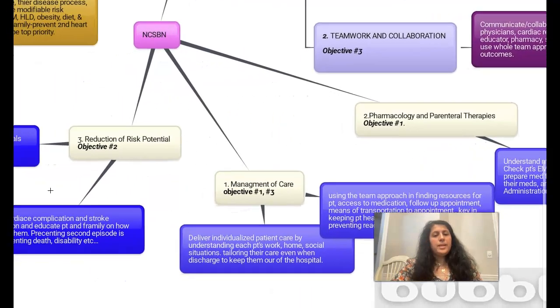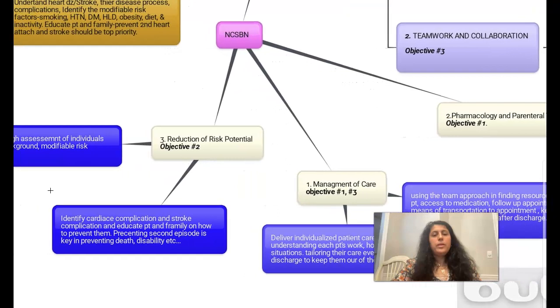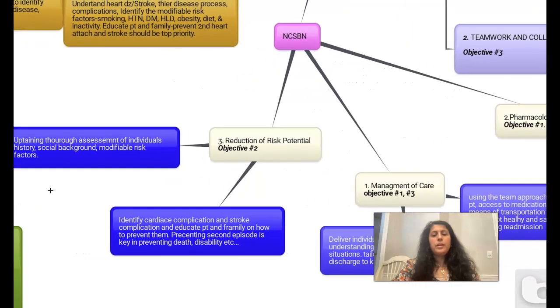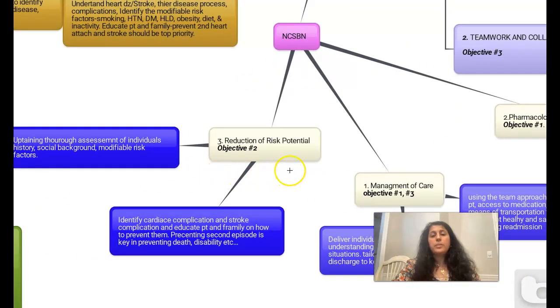And last but not least, the third supporting body is the reduction of risk potential per NCSBN. This supports objective number 2.